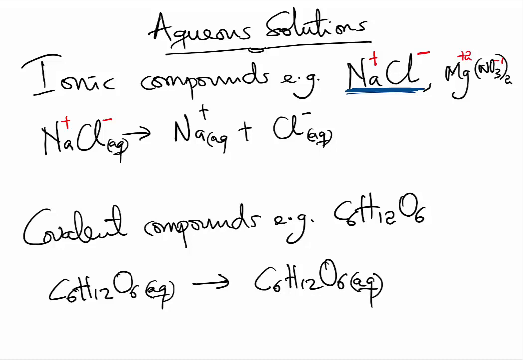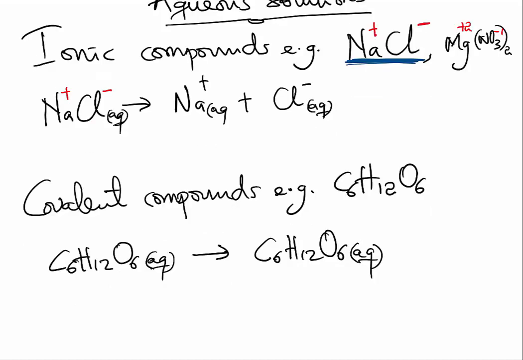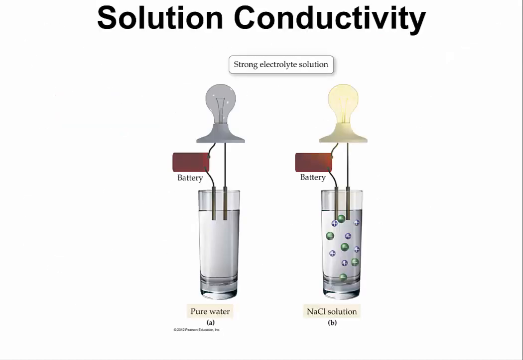Then the next question is this: how do we know that a compound will dissociate in water? This is how to test that an ionic compound will give ions when you dissolve it in water. Take a look at this simple experiment.